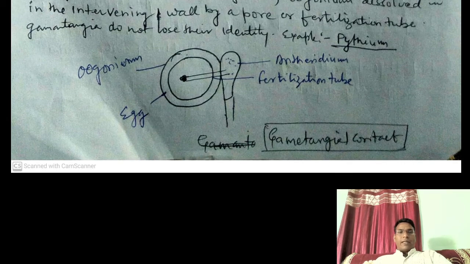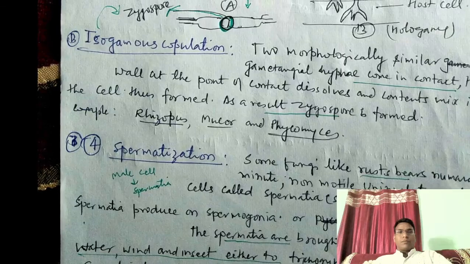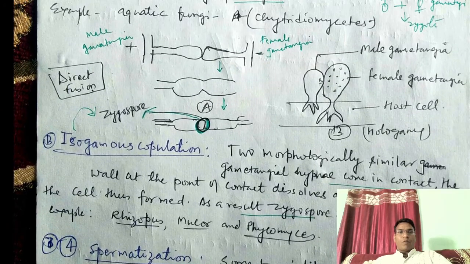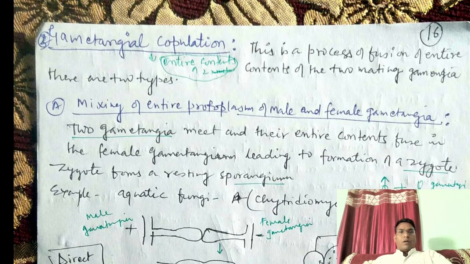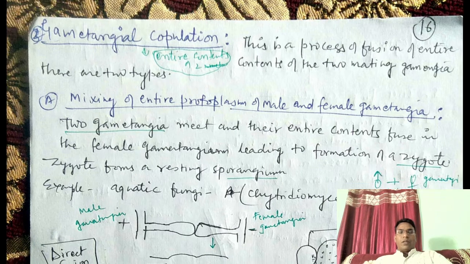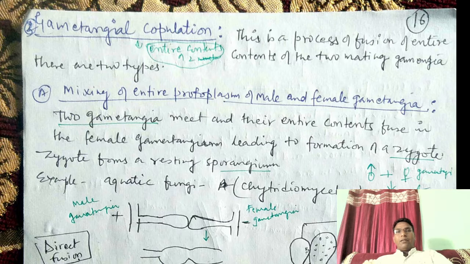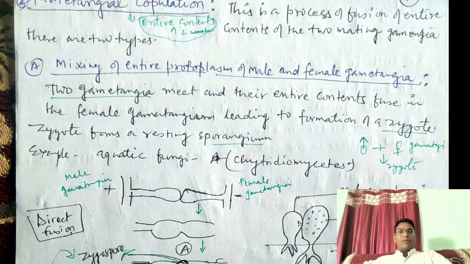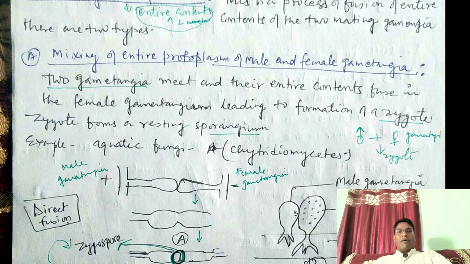Now the next slide is gametangial copulation. This is the third type of reproduction in fungi. In this process of fusion, the entire contents of two mating gametangia fuse, and there are two types. One is mixing of the entire protoplasm of male and female gametangia.